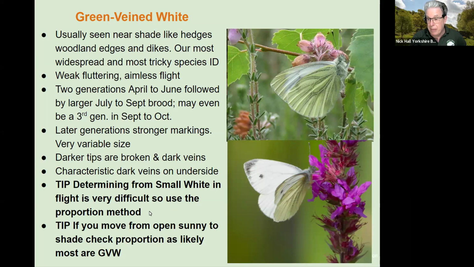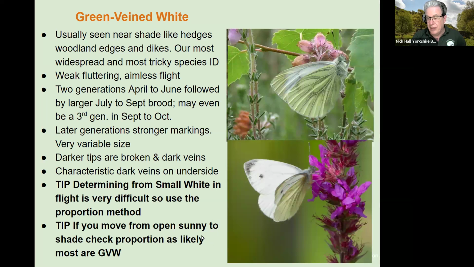So the proportion method works great until the conditions change. Okay, you need to check that every time you walk, and you need to check it as you're going through your sections just to make sure that those proportions are not changing.